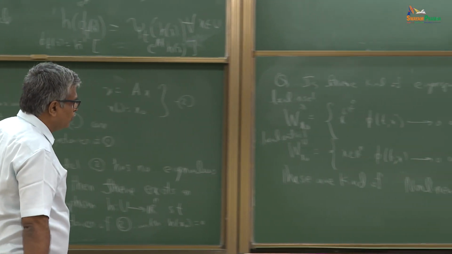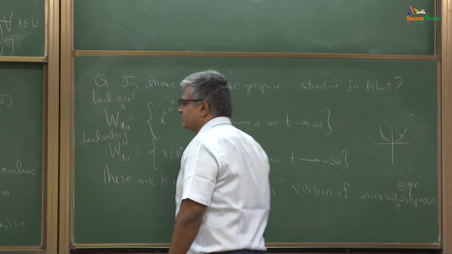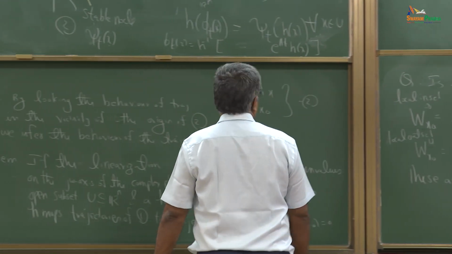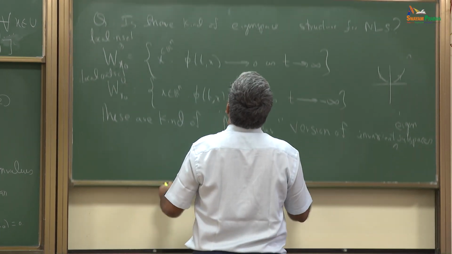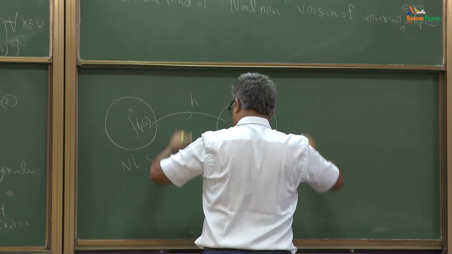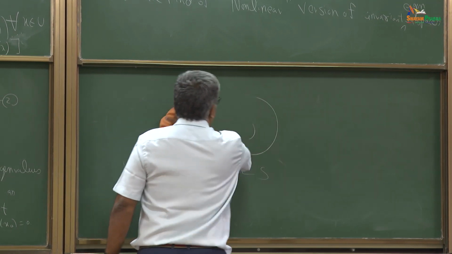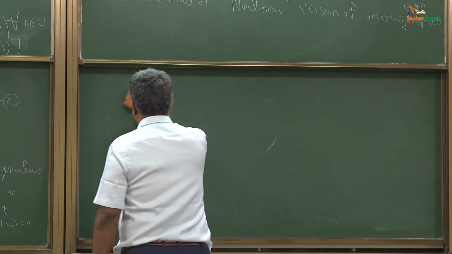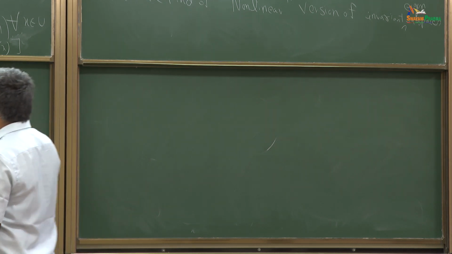So now how do I connect this to the invariant eigenspaces? Well, that is captured by the following picture. So I have this linear system.